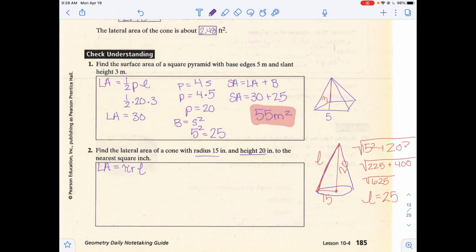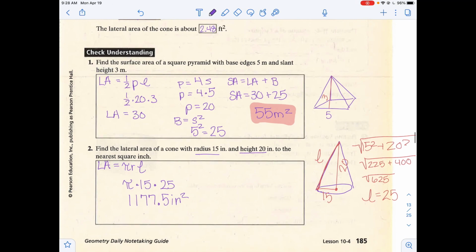Now, lateral area equals pi times radius is 15 times the slant height is 25. So 3.14 times 15 times 25 is about 1,177.5 inches squared, if you put it in your calculator. And we need to round to the nearest square inch, so we're going to round that up. 1,178 inches squared. And that is our answer.